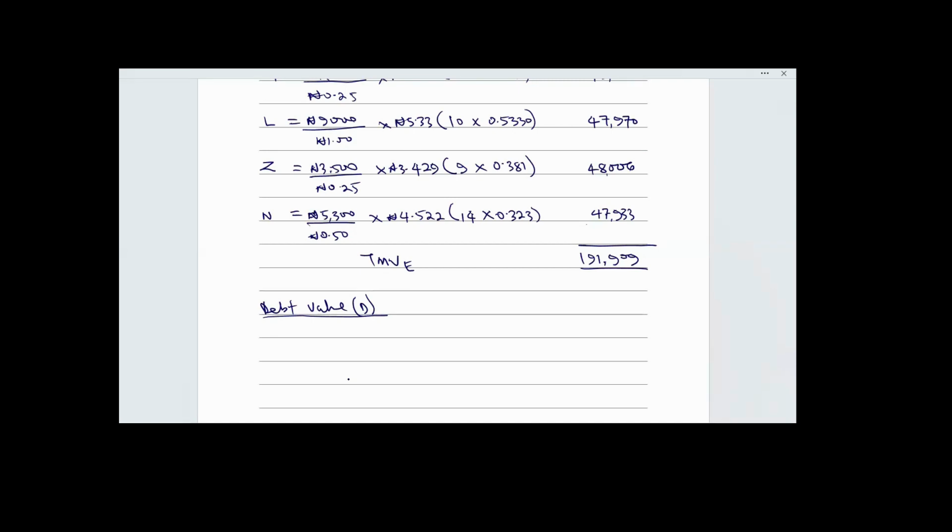The non-traded debts represent the securities that cannot be bought or sold in an organized financial market. Examples of non-traded debts include bank loan and overdraft. So since it is not tradable, you cannot have market value for it. It means that whatever you have in your balance sheet represents the value of the bank loan.